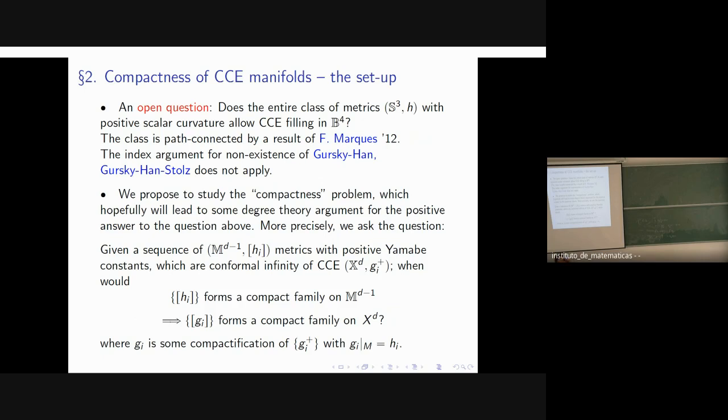So we want a priori bounds on the interior metric controlled by the boundary metric. We are studying a boundary value problem. And this problem is formulated modulo conformal class, because at conformal infinity only the conformal class of h is fixed, and when you talk about compactification there is also this conformal factor. So this is modulo conformal factor. We want g_i restricted to the boundary to be h_i.